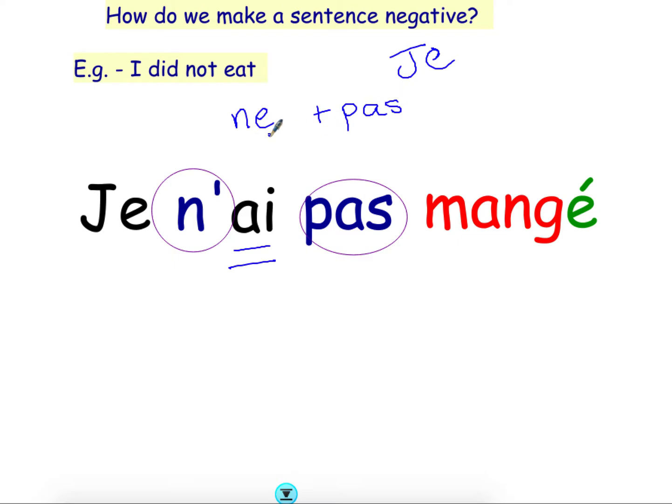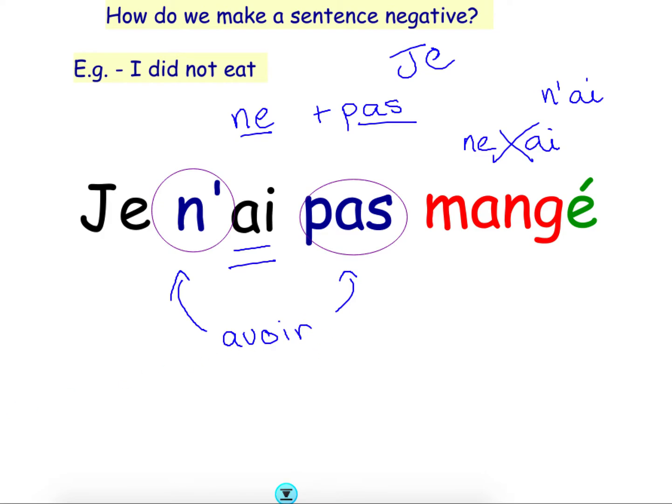So this is what makes the sentence negative. We need to add an apostrophe because, like I've said before, we can't have 2 vowels. So we can't have ne and a. That does not work. Okay, it has to be ne. Okay. So, je n'ai pas mangé. All right, I did not eat. So the ne and the pas go on either side of avoir.